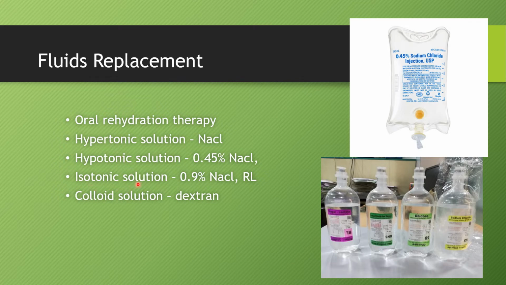At that time I said why we have to study these types of solutions. When the patient has this type of disease condition, the doctor is supposed to prescribe based on their disease condition, which type of fluid loss, and based on that they will prescribe the administration of fluids. Okay.